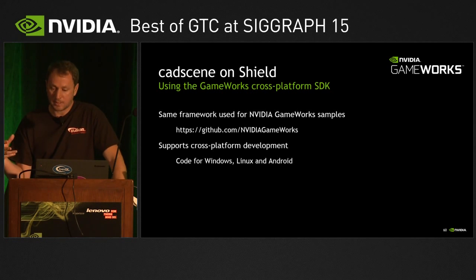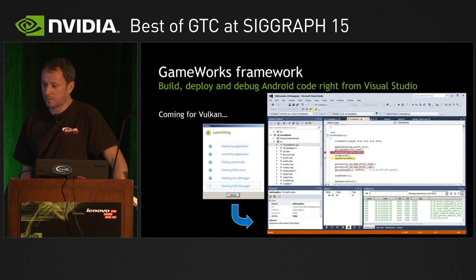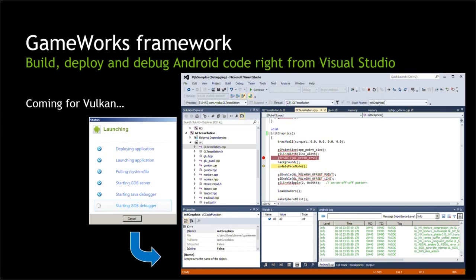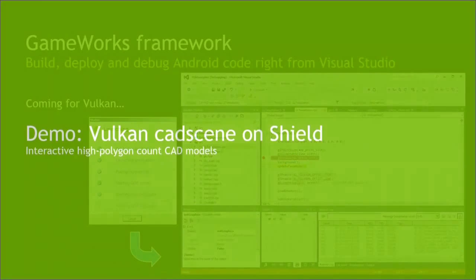But it's an environment where you can develop apps for Windows, Linux, and Android, all within the same development environment. So for example, here's Visual Studio. There's a GameWorks project loaded up here. And you can target Windows, or you can target Android, and you can build, deploy, and debug on Android right from Visual Studio. So that's how we developed this application to run on Shield.